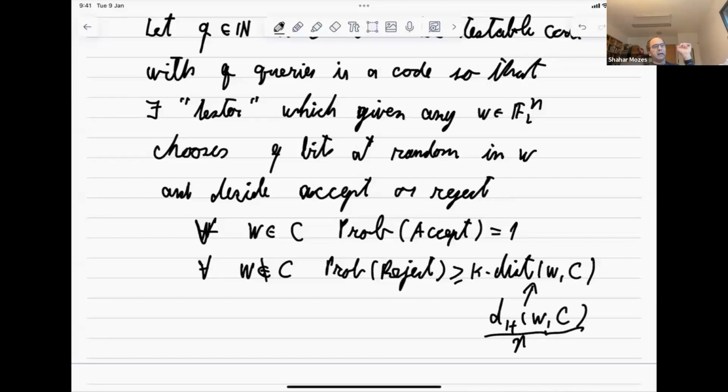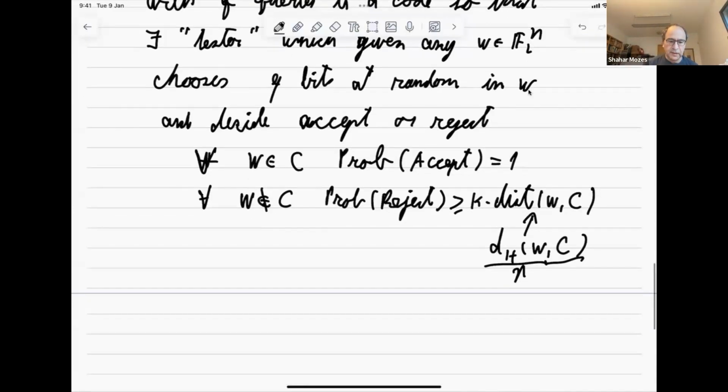So if in 1% of the places there is a mistake, then you'll find the mistake with probability kappa divided by 100. Okay, so that's the definition of a locally testable code.